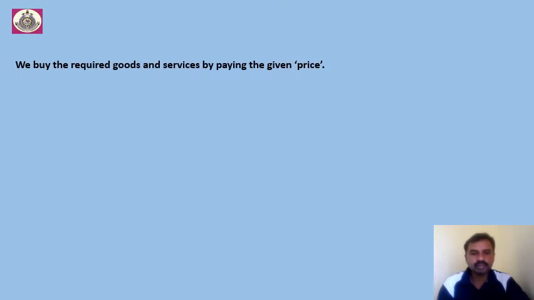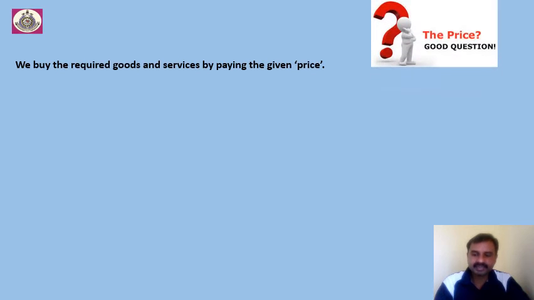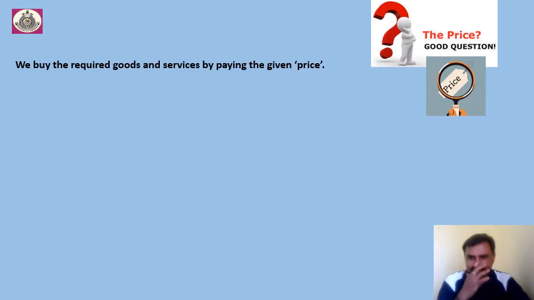Friends, you already know that if you want to utilize any goods, they do not come free. We have to pay some money. That money is called price. We buy goods and services by paying money, that is the price. So what is the price? That is a good question.